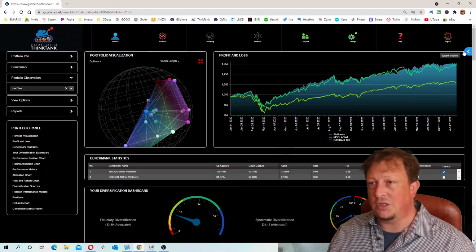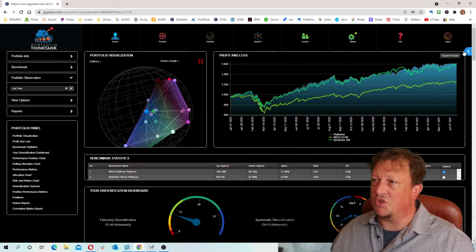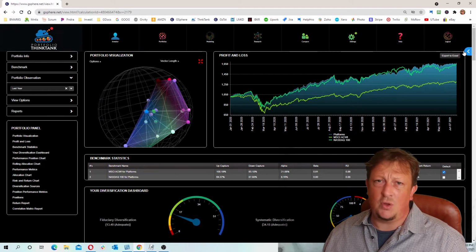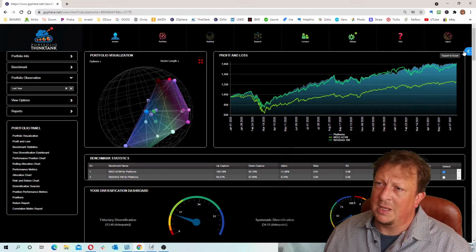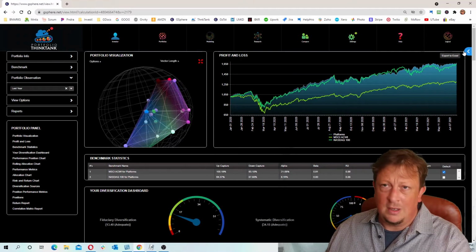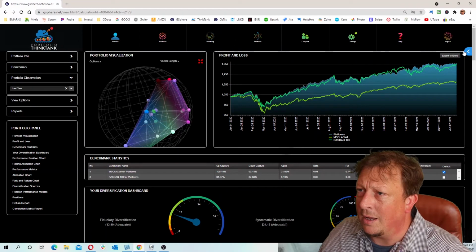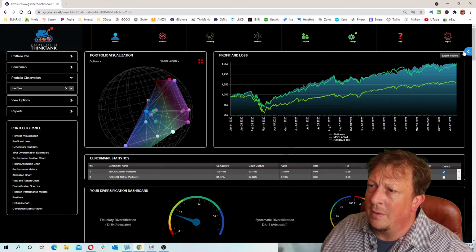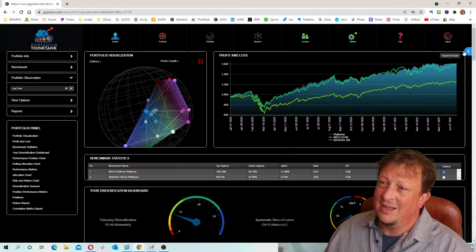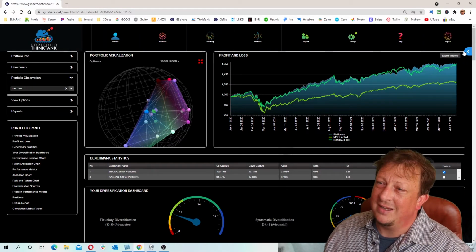Fiduciary diversification is really what we call total diversification. And this is really the one metric that any portfolio can be measured up to. We've color-coded it to make it easy, since these are our numbers, and that probably doesn't mean anything to a lot of the outside world. But red is bad, orange is very caution.